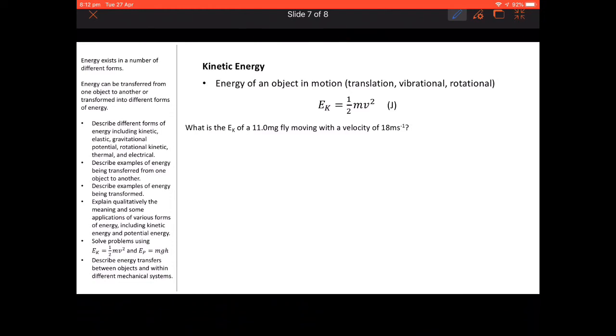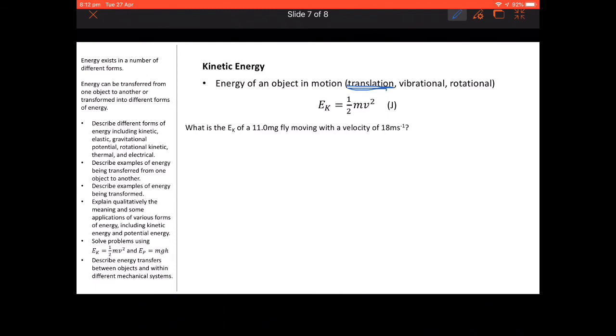So there's two types of energy that you'll be able to solve problems about, and they're kinetic energy and gravitational potential energy. The kinetic energy, as we touched on before, is the energy of an object in motion. So this can be translational, vibrational, or rotational. You'll only have to solve problems about translational kinetic energy.